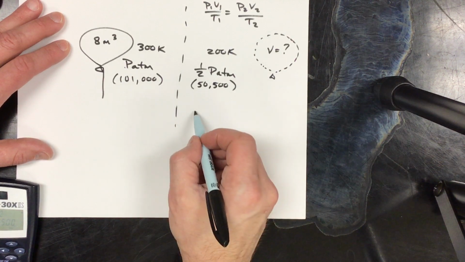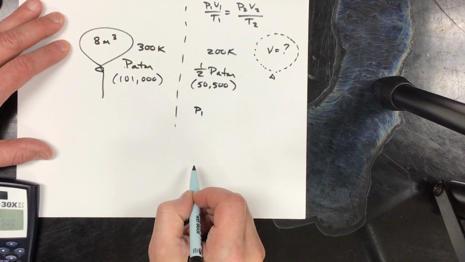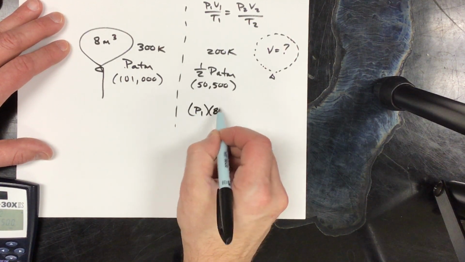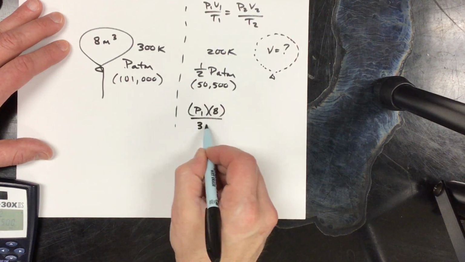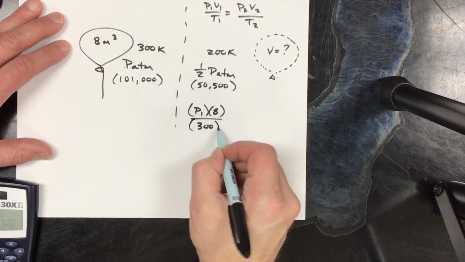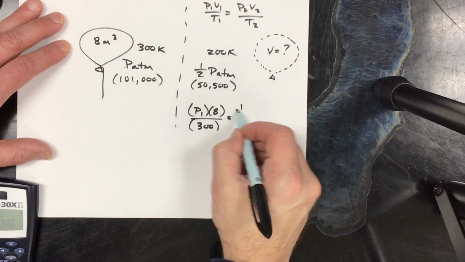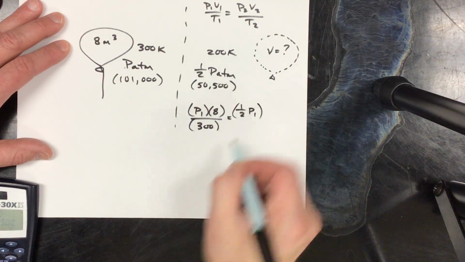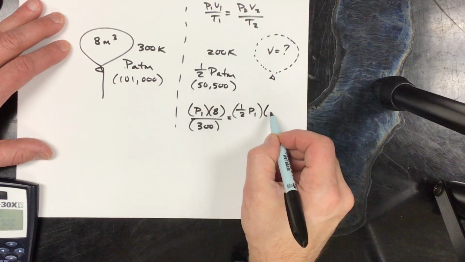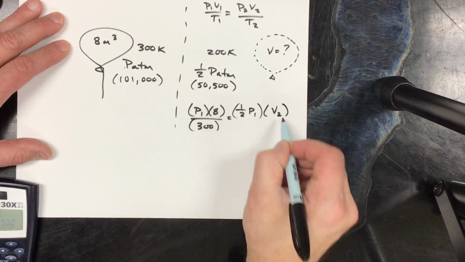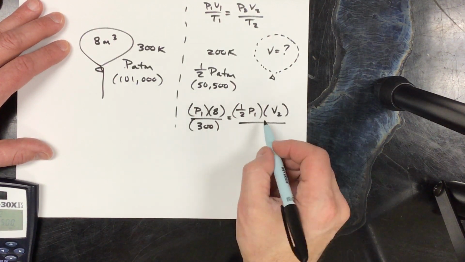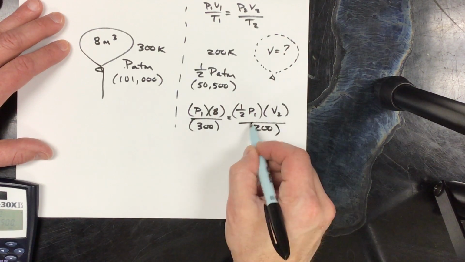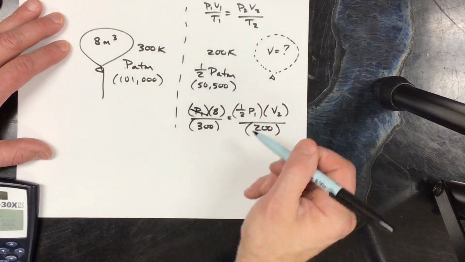So for P1, it's just going to be P1. V1 is 8. T1 is 300. Okay, P2 is half of P1, right? Times X, which is our unknown, or V2, and that's going to be over 200. Okay, so the P's drop out because they're the same.